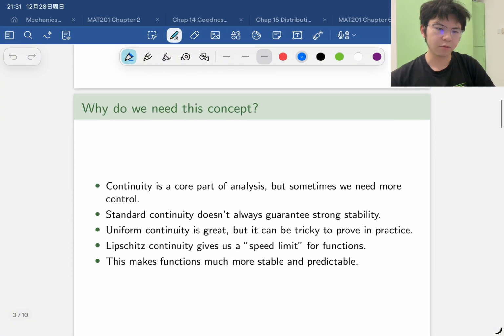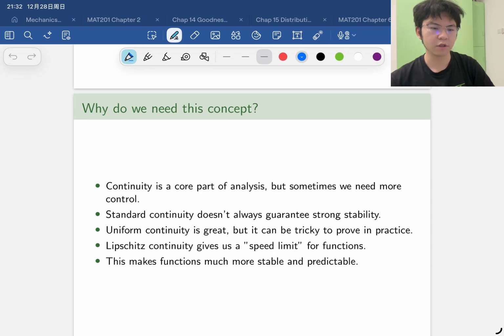Why do we need Lipschitz continuity? Well, as we have learned, standard continuity just tells us that a function doesn't have jumps. But sometimes that's not enough. Even if a function is continuous, it might change its value extremely fast. Uniform continuity is better, but it can be hard to check using the epsilon-delta definition.